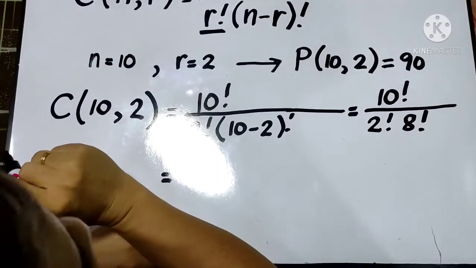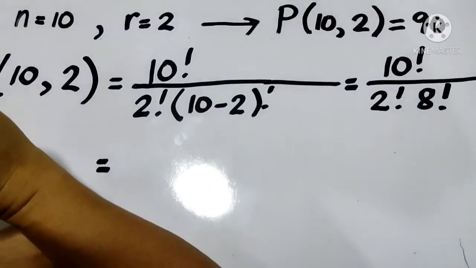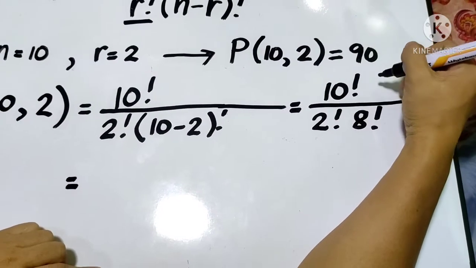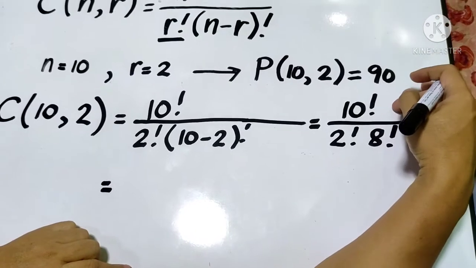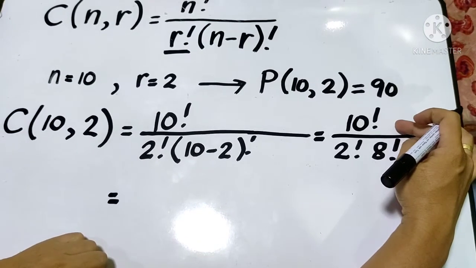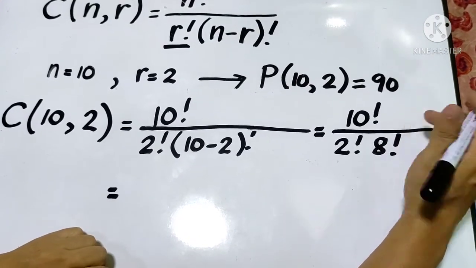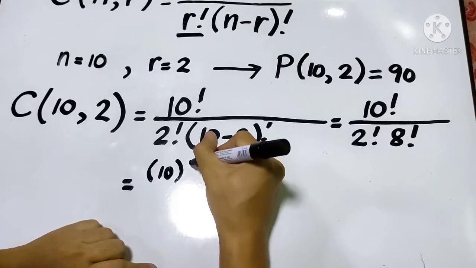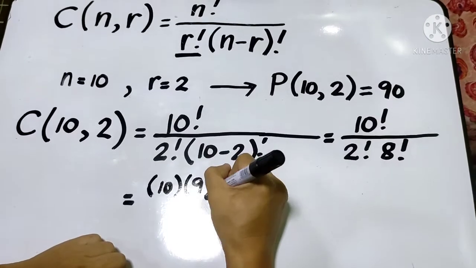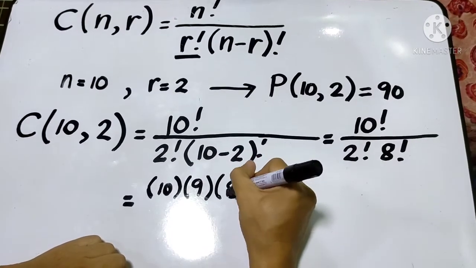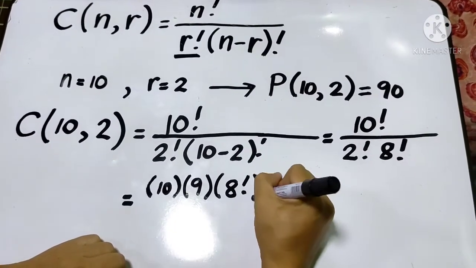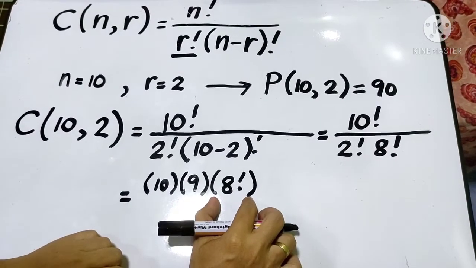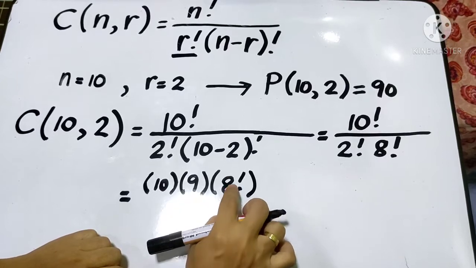And how is factorial again? How are you going to express it in expanded form? So 10 factorial can be expressed as 10 times 9 times 8 factorial. So maybe you ask, why did I stop at 8 factorial?